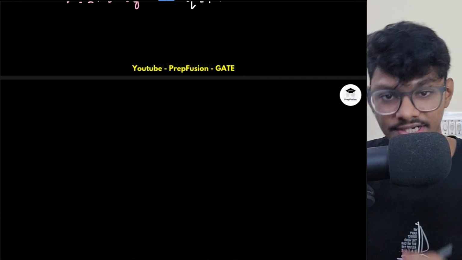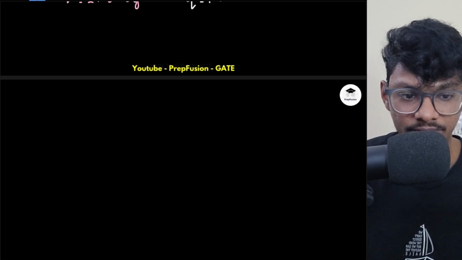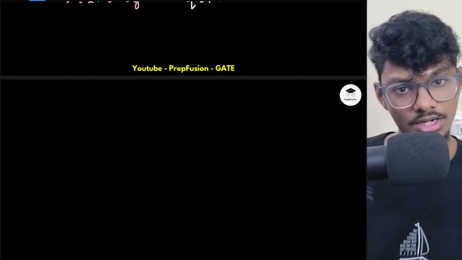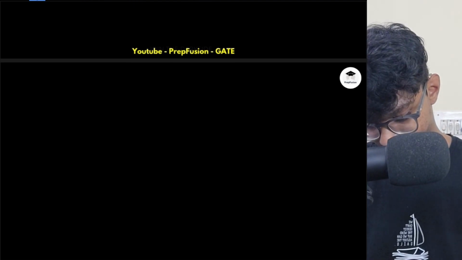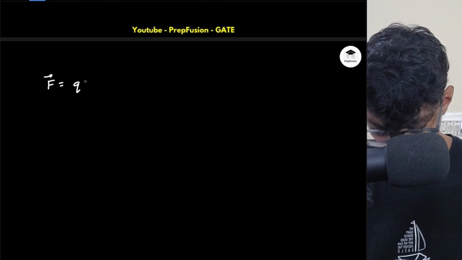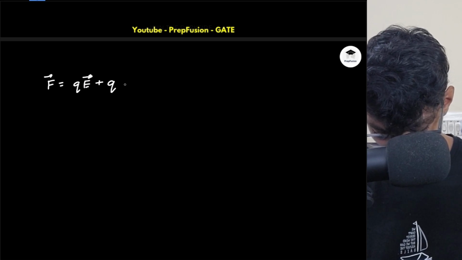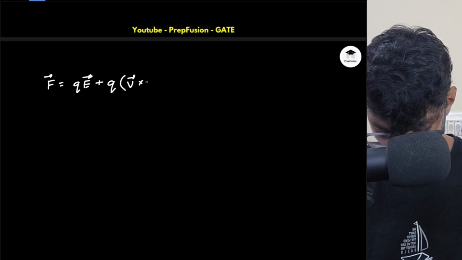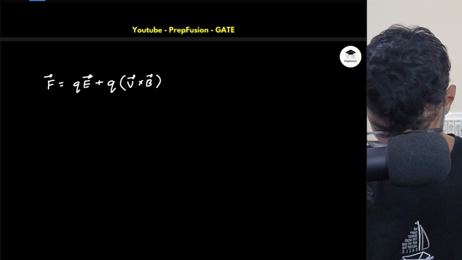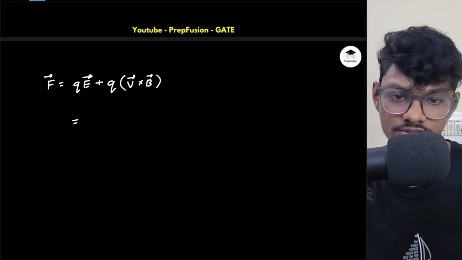So what is that force? It is a Lorentz force because both magnetic and electric fields are present and nothing is mentioned about the behavior of the fields, so I will assume them to be uniform fields. So my force will be basically Q times E plus Q V cross B. Correct. As they want just the magnitude, I will just compute the magnitude.